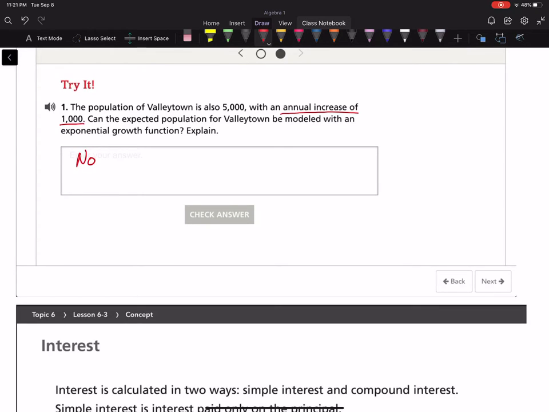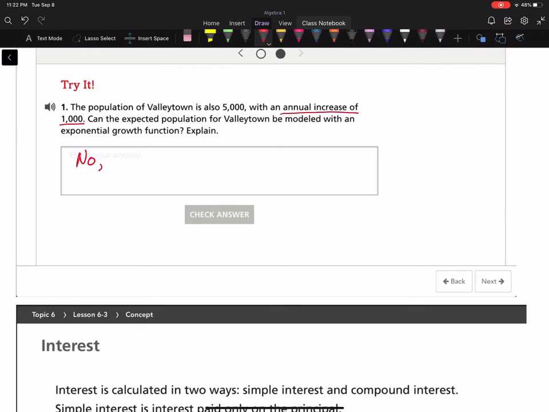So that just means if it starts out with 5,000, by the first year, it'll increase by 1,000, so it'd be 6,000. By the second year, it'd be 7,000. By the 8th year, it'll be 9,000, and so on and so forth. So this is actually a linear model rather than an exponential growth model.